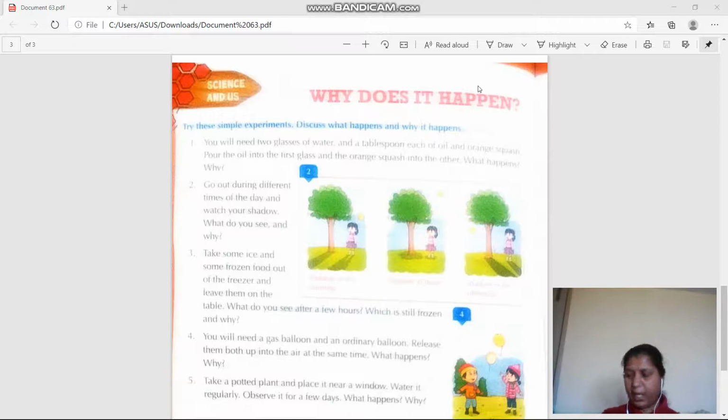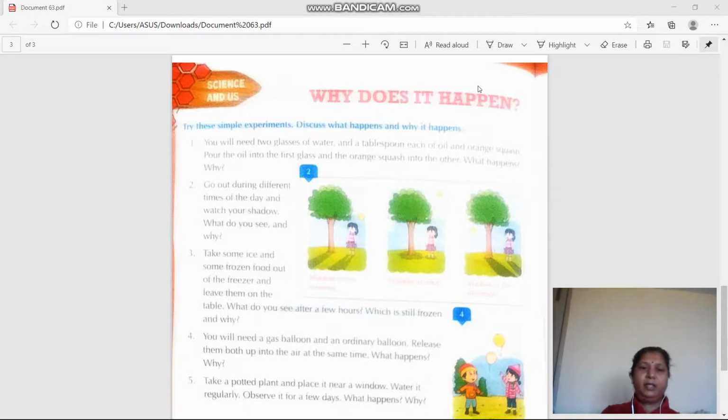Helium is a gas which is called a noble gas. In the 9th or 10th standard you will study about the periodic table. This gas is a noble gas, and it is lighter than air, that's why it moves upwards, unlike the balloon which is full of air.